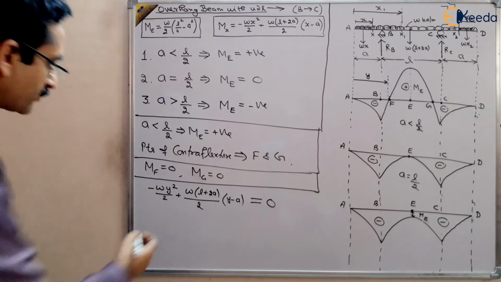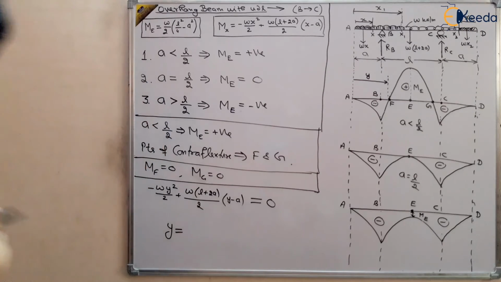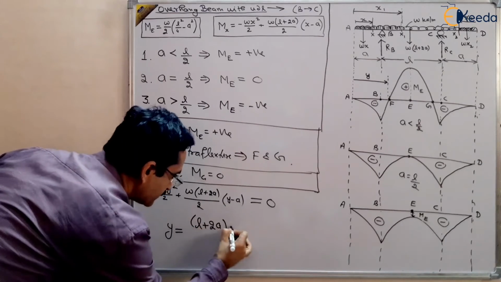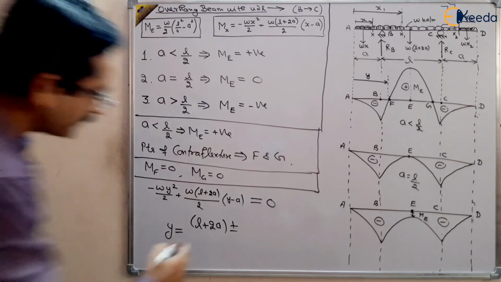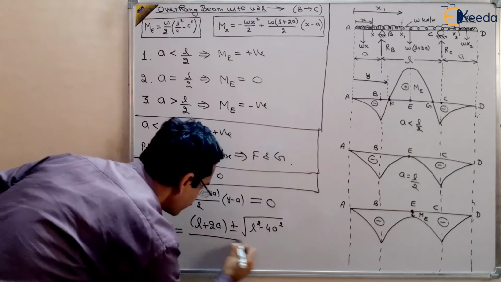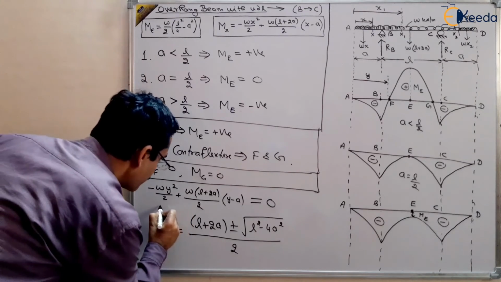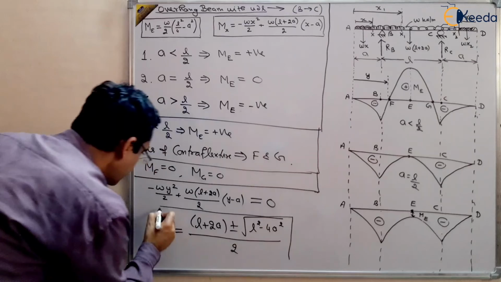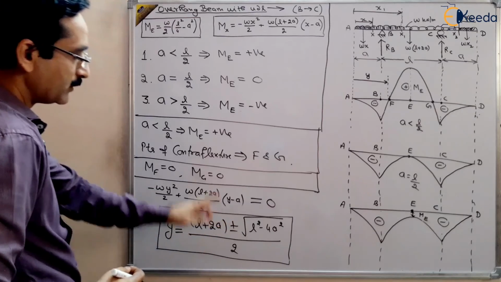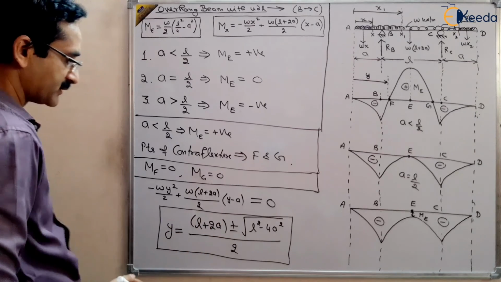So what value will you get? Solve it, and you will get y equal to (L plus 2a plus minus the root of L square minus 4a square) by 2. I am writing the final answer only. So this is the value of y, the distance from one of the free ends, where plus minus means there are 2 points where the bending moment changes sign, or points of contraflexure, right?